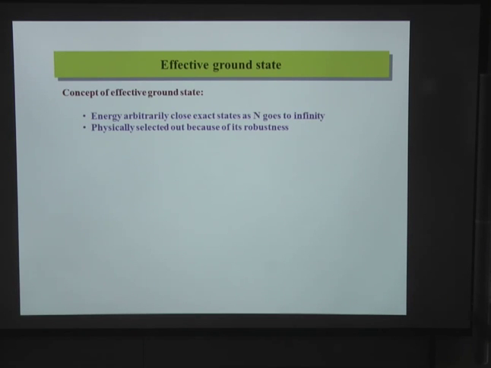So in experiments, you cannot resolve this energy difference. And then why do we still select out this effective state? It has the energy penalty, but it's still non-zero. We are interested in the effective state because it's more robust. It's selected out because of its noise robustness. It's not because of strictly lower energy, but because it's more robust to noise.